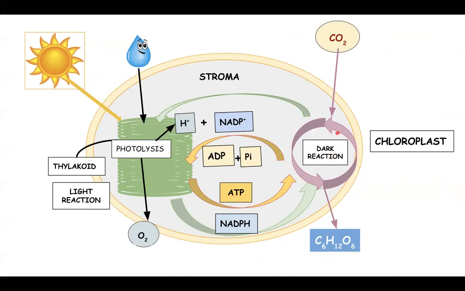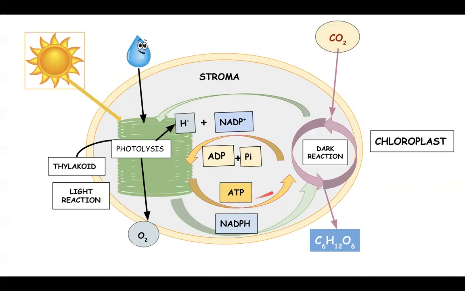In the meantime, this dark reaction, this formation of glucose, would be requiring energy. And this energy cannot be provided by the sun. So it has to be provided by an energy rich molecule. Here, the energy rich molecule is ATP.